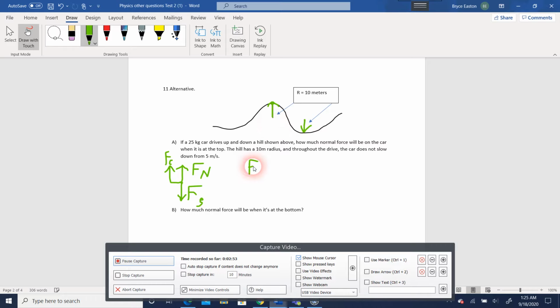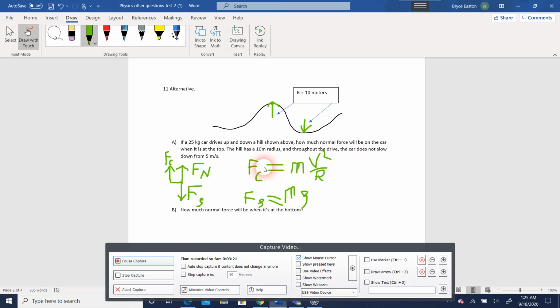So we know that Fc is equal to mass times v squared over r, and also Fg is equal to mass times gravity.